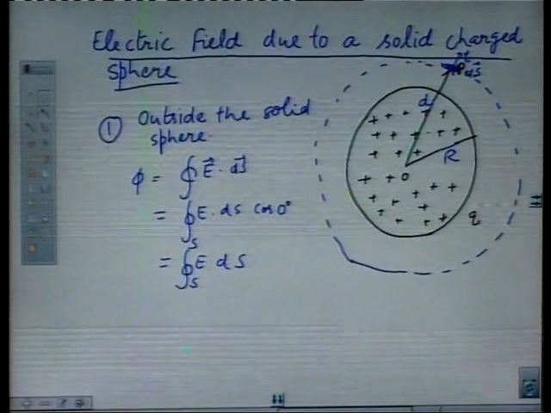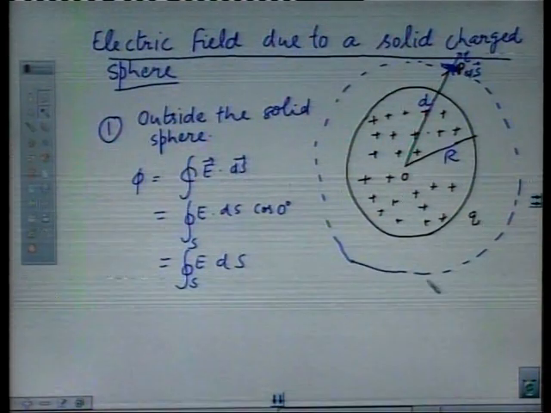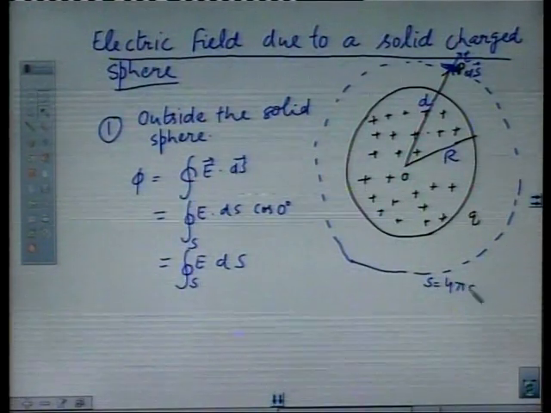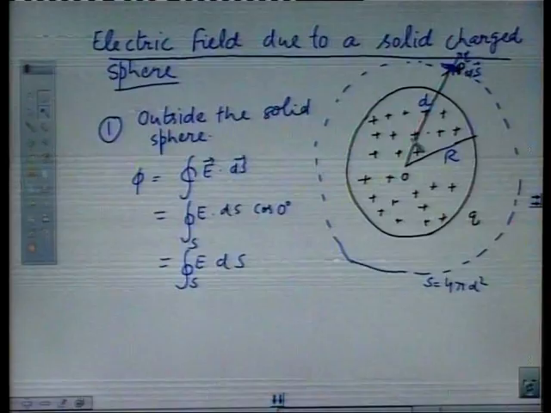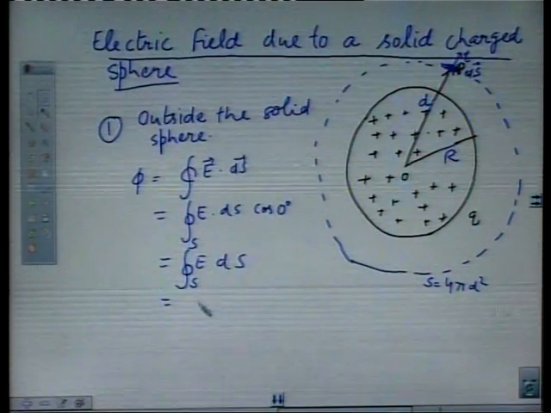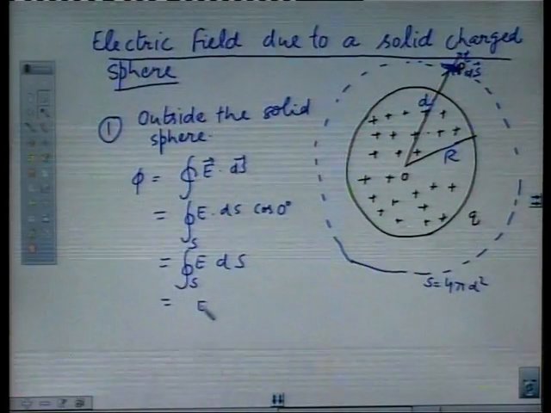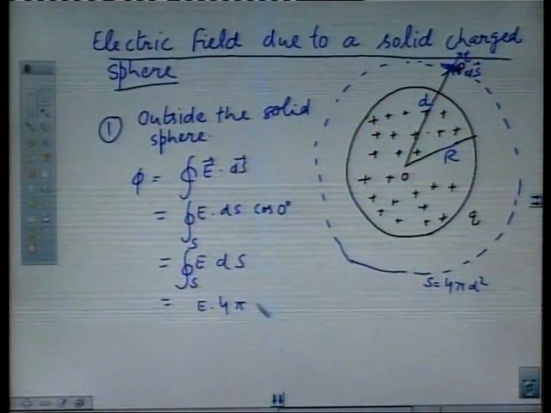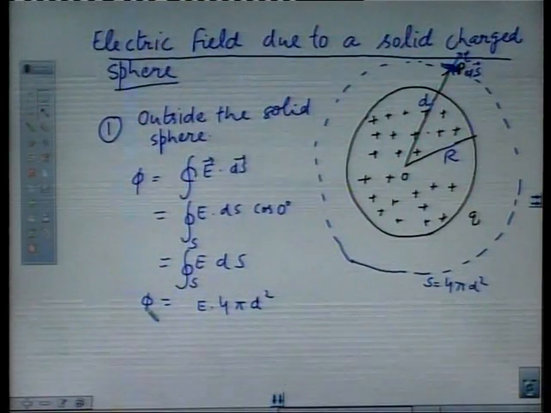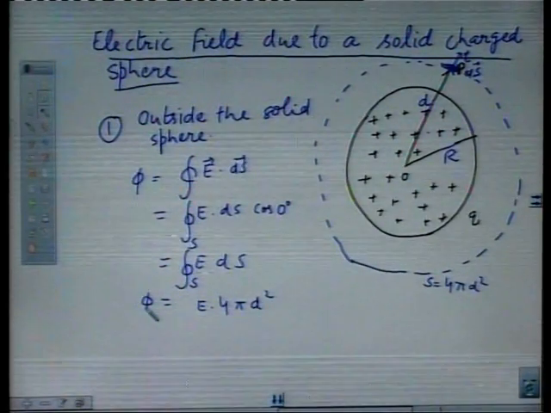Now, the surface area of this Gaussian sphere is equal to 4 pi d square, because d is the radius of this Gaussian surface. So, we can write phi is equal to E into 4 pi d square.